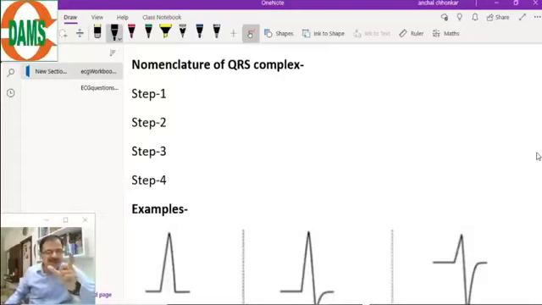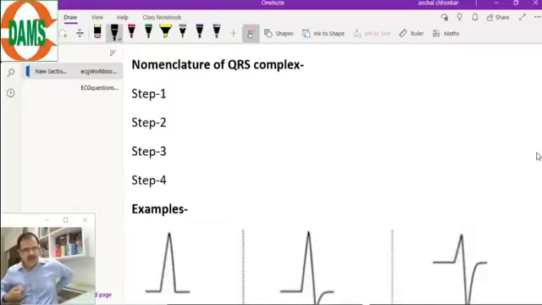QRS complex is a general term, but you should be very precise in naming these waves. So there are 4 steps. Why is the third wave not detected by V1? Because V1 is here and the posterior wall is near the left scapula. So this is very far away. So it is not detected by V1.